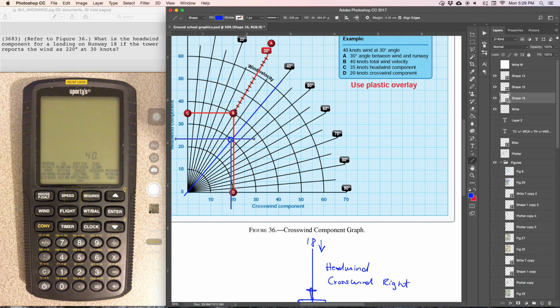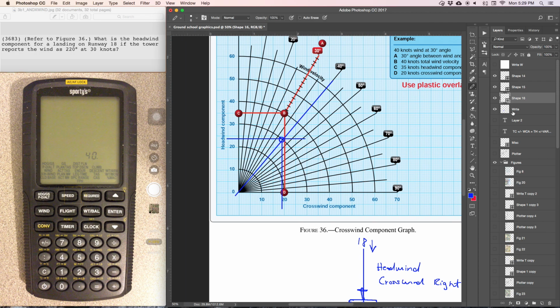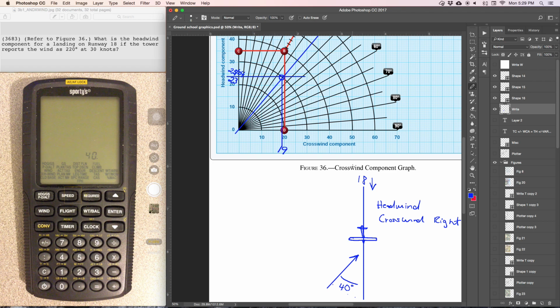So our headwind component is going to be about 23 or 24. We'll say 23. And our crosswind component is going to be about 19.